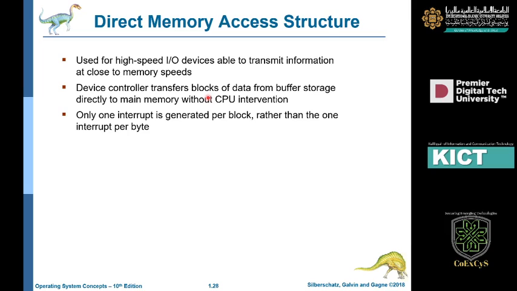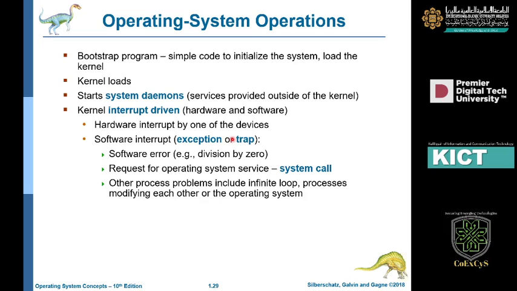But today, the controller helps push everything that's buffered on the controller straight to memory. So whenever the CPU needs it, it doesn't have to go through the device, just through memory. Only one interrupt is generated per block rather than one interrupt per byte, so there are fewer interrupts.